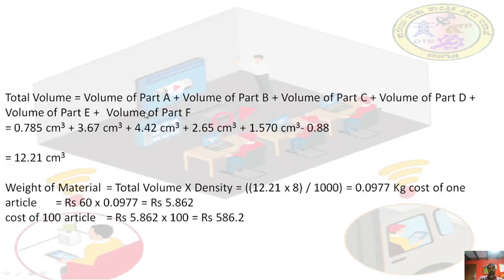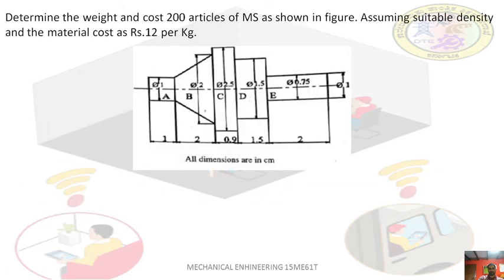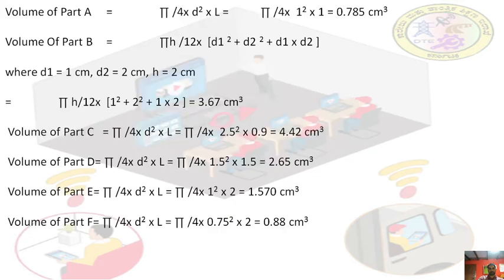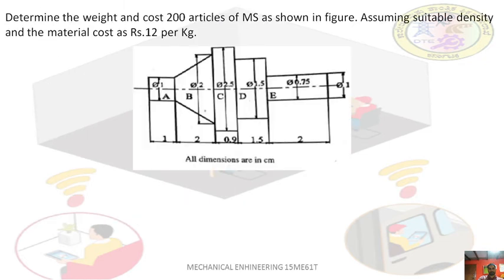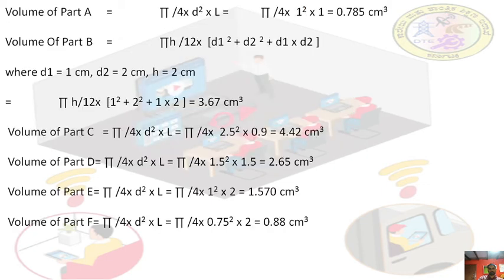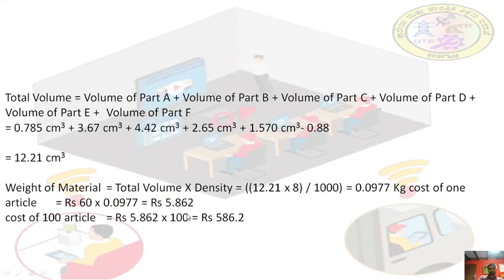So add all the total volumes: volume of A, volume of B, volume of C, volume of D, volume of E, volume of F. So total volume is 12.21 centimeter cube.